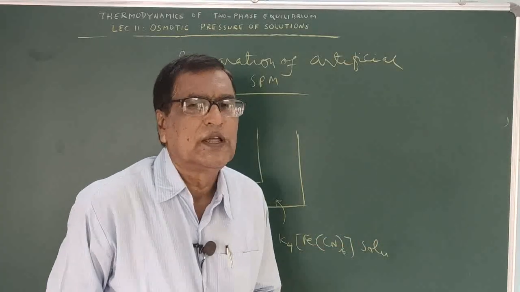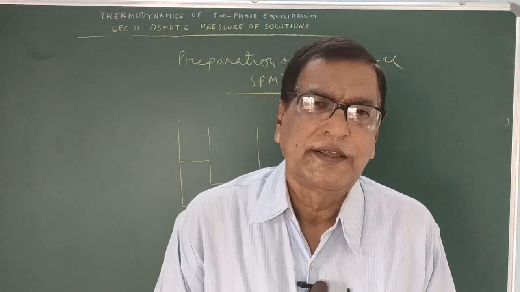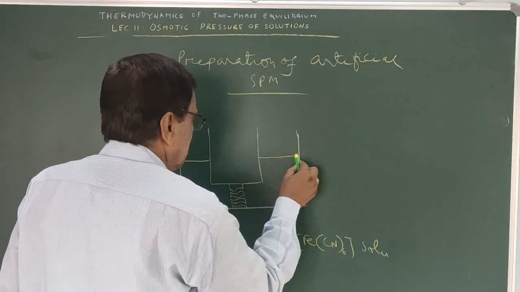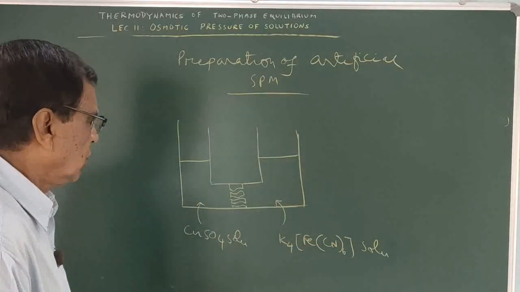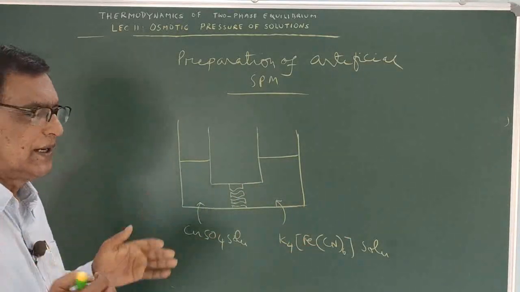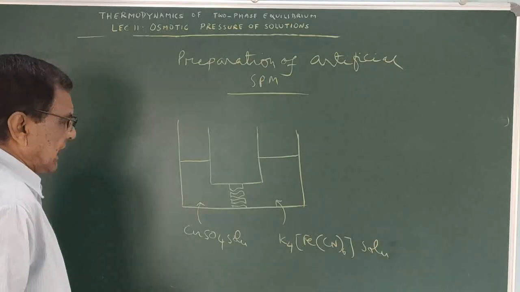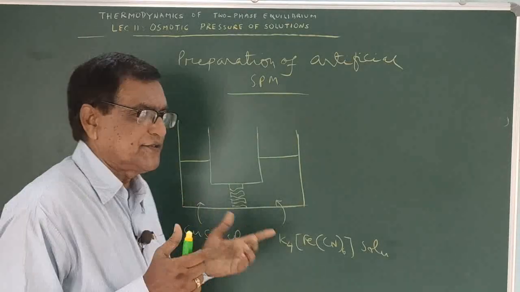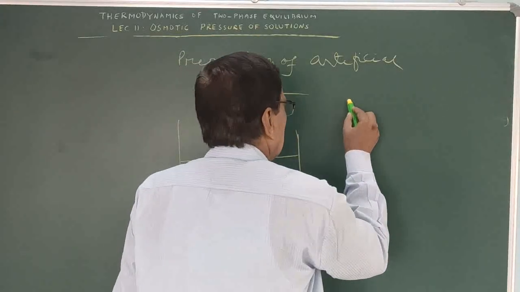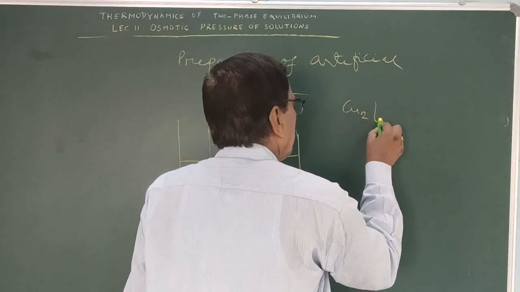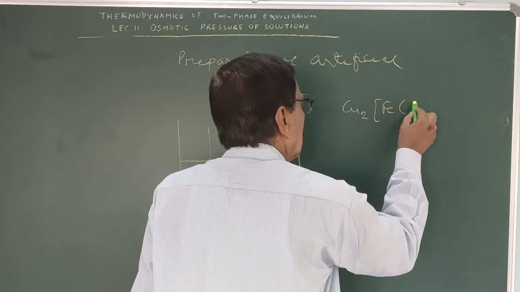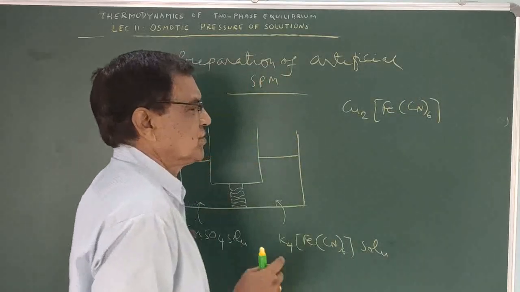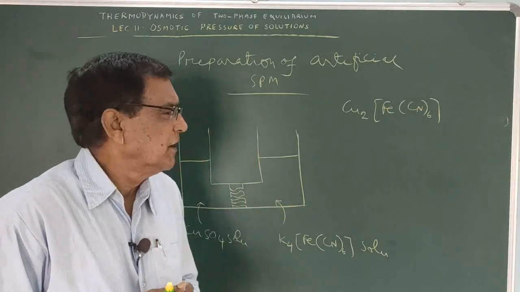Both are dissolved in water, and they are taken on both sides of this porous wall. And actually one substance forms, which is copper ferrocyanide, a brown color material.